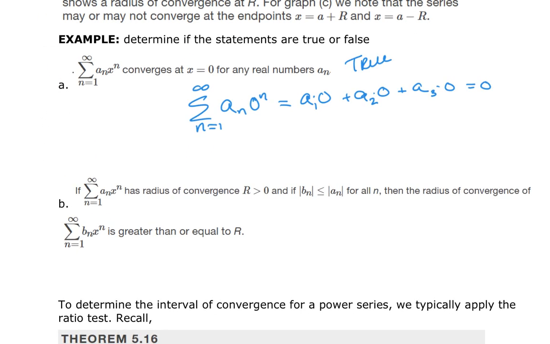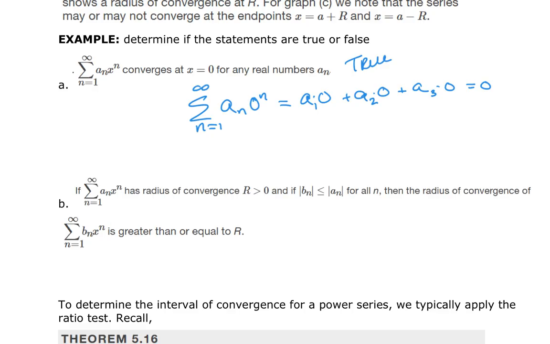The second one: if the sum from n equals 1 to infinity of a sub n x to the n has a radius of convergence that is greater than 0, and if the absolute value of b sub n is less than or equal to a sub n for all n, then the radius of convergence of the sum of b sub n x to the n is greater than or equal to the radius of convergence of the sum of a sub n x to the n.